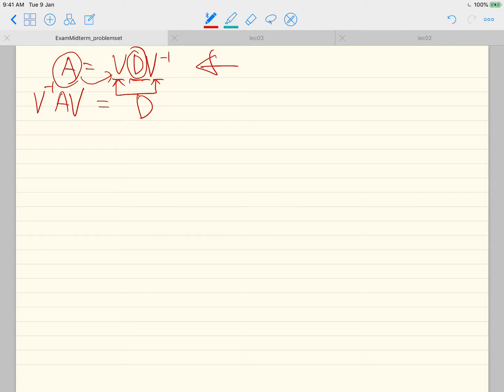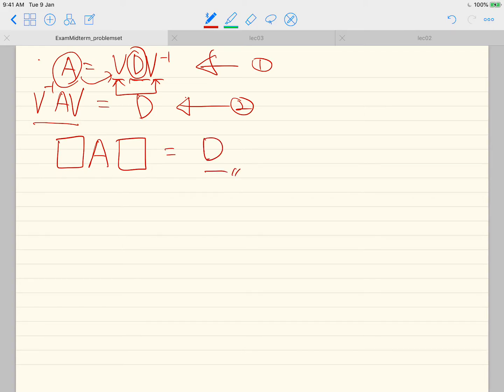But if we found this first equation, then this second equation is automatically obtained, right? We can understand this as: we are given the matrix A, multiply some matrix on the right and another matrix on the left, and then the resulting matrix should be a diagonal matrix.